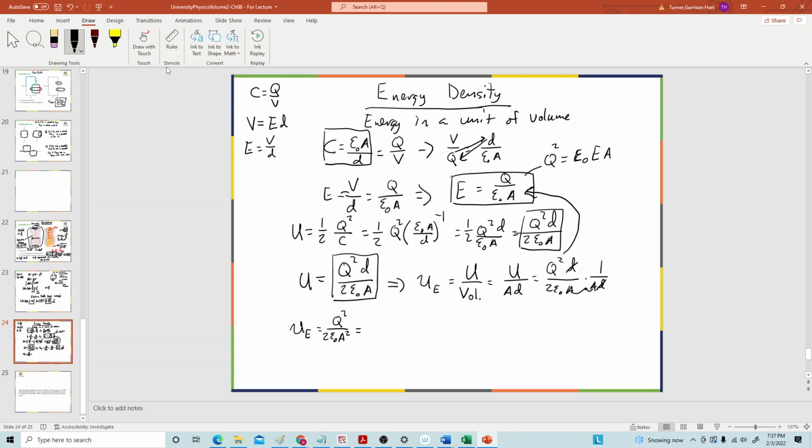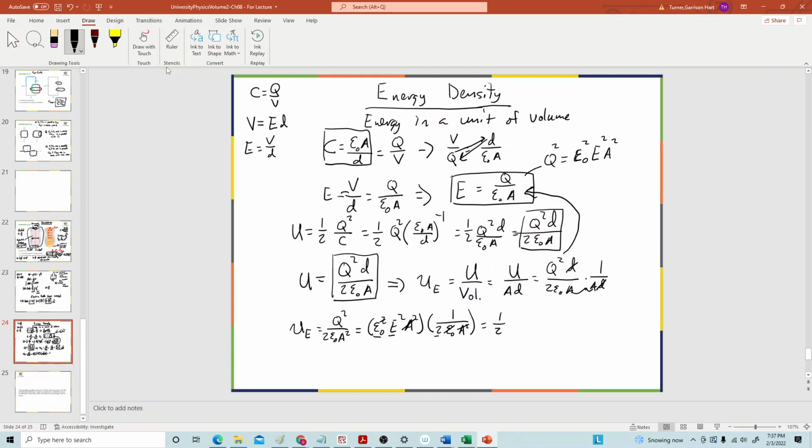So Q squared is going to bring squareds everywhere. So this is going to be epsilon naught squared E squared A squared times 1 over 2 epsilon naught A squared. So the A squareds cancel, one of the epsilon naughts cancel, and I'm left with one of the epsilon naughts, an E squared, and a 1/2.